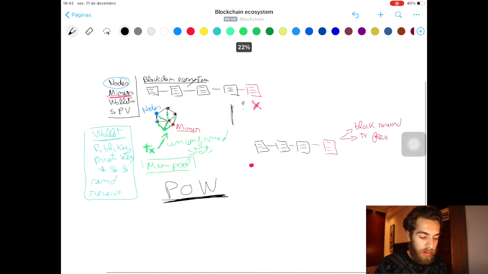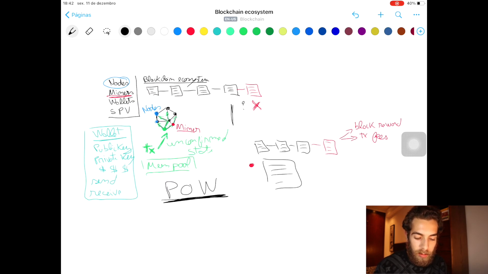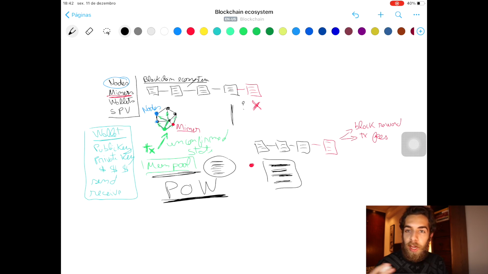And let's assume your transaction is in the mempool. It's basically a place where there are a lot of unconfirmed transactions, and your miner is adding it to this block, and is trying to guess the nonce over and over again until he makes the correct guess, and he can add this block to the blockchain.